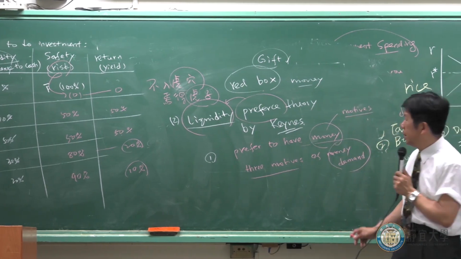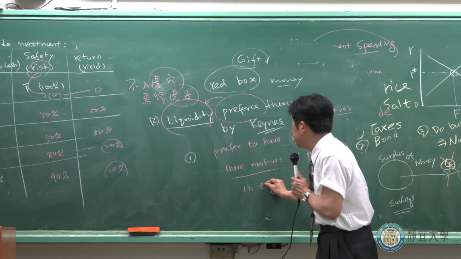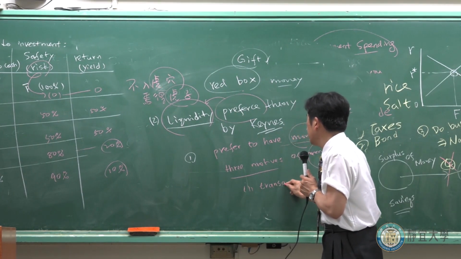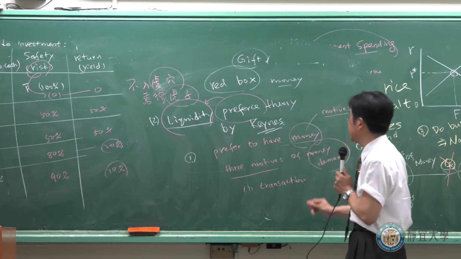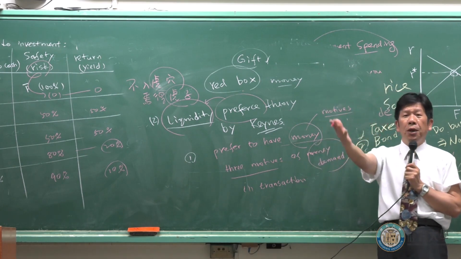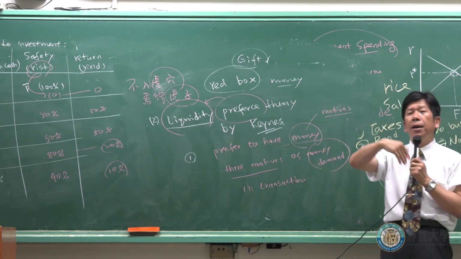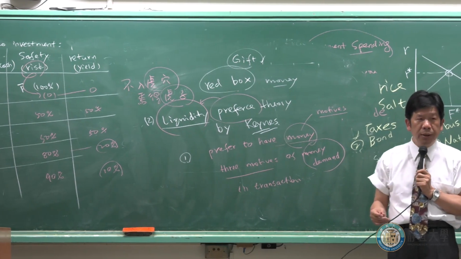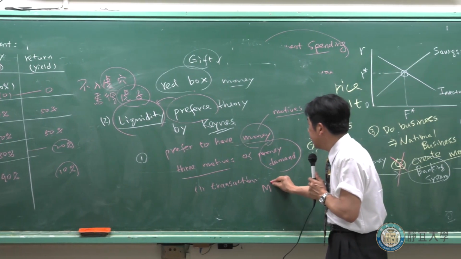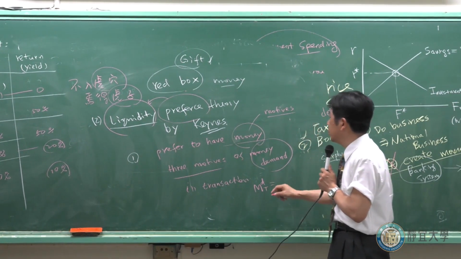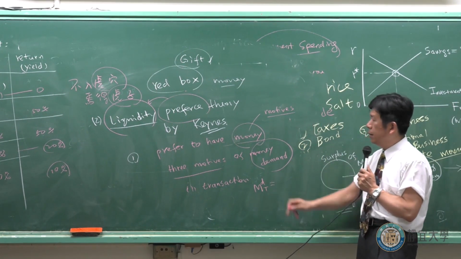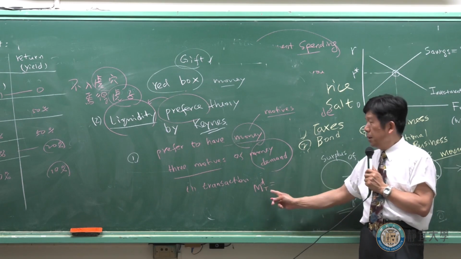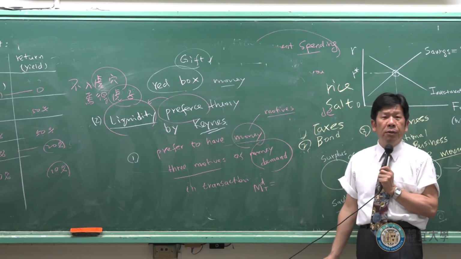And money for what? First, there is transaction. Okay? Because if you have money, you can buy things. So the money is very important. So we can say this money, we drop the MDT, this money demand for transaction.